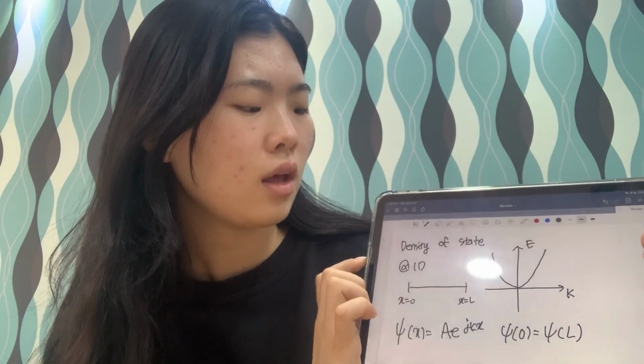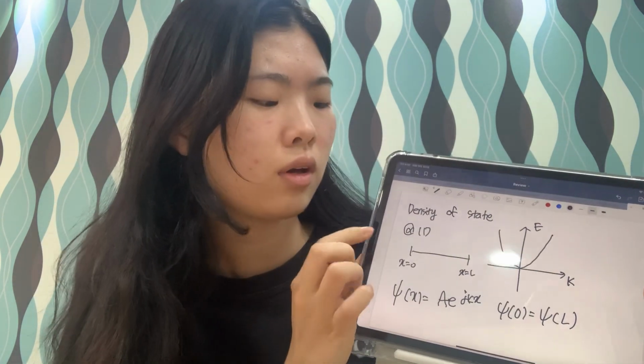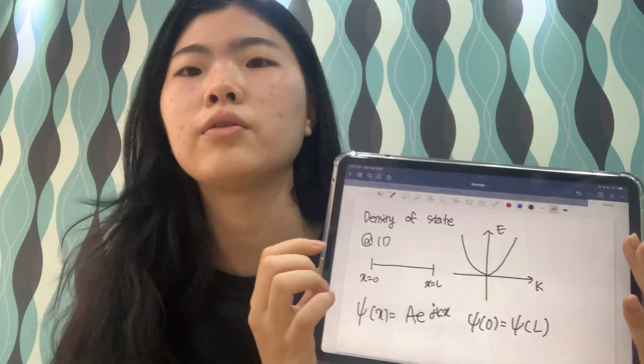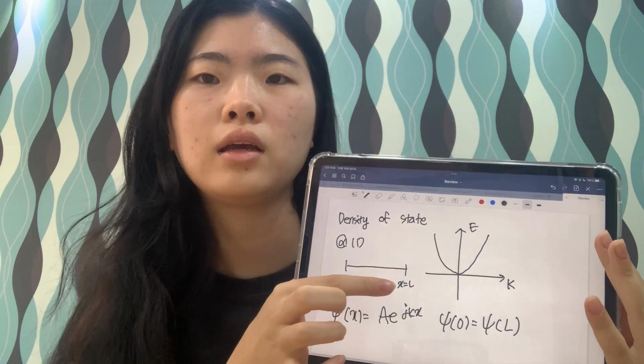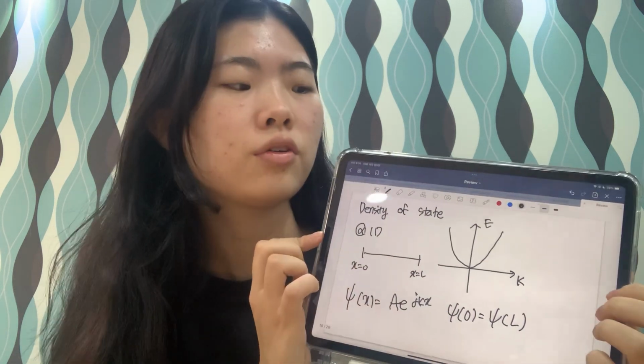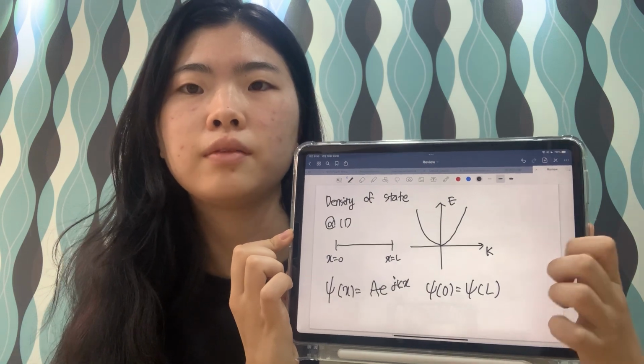Density of states in one dimension: if the length is from x equals 0 to x equals L, we can draw an energy E-k diagram like this.